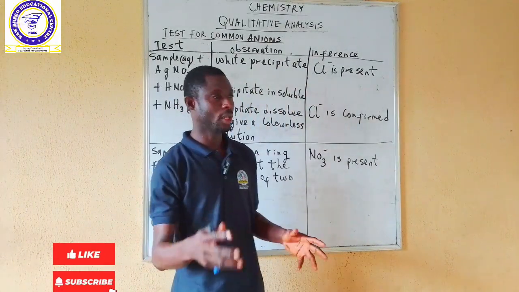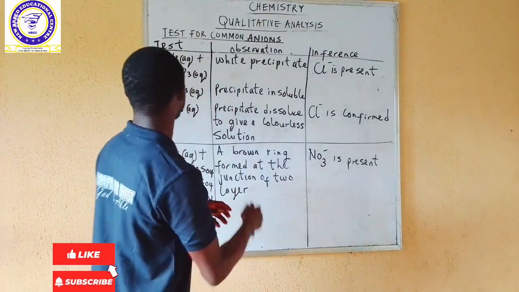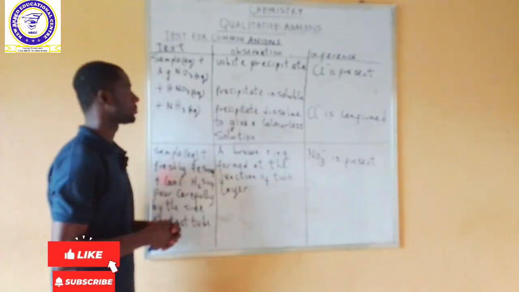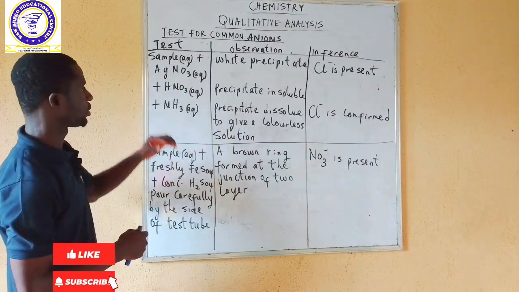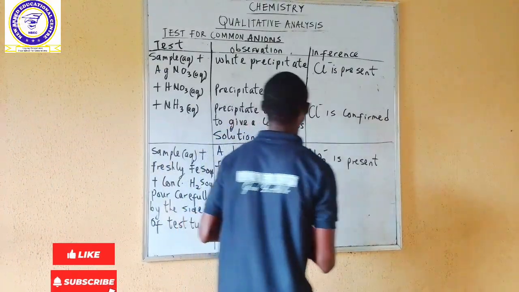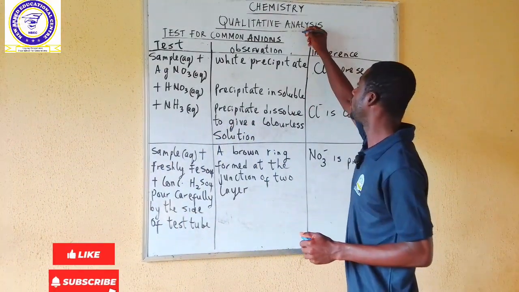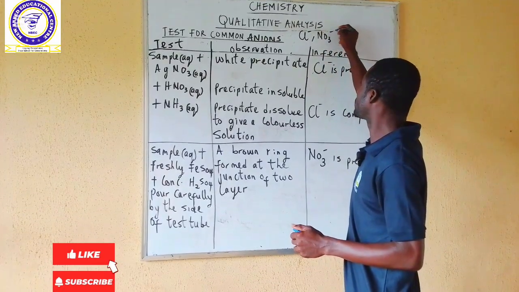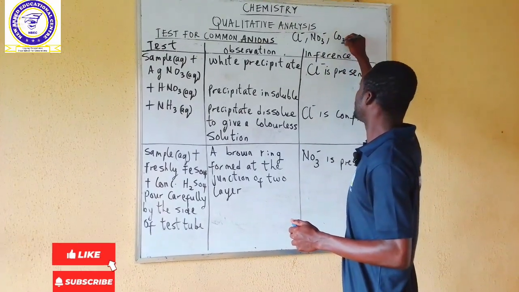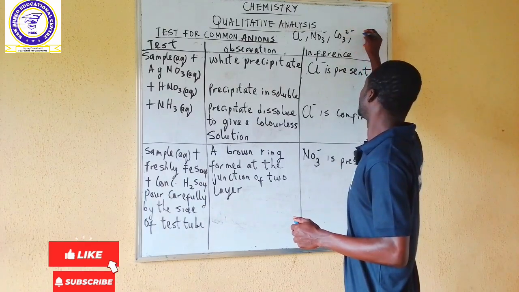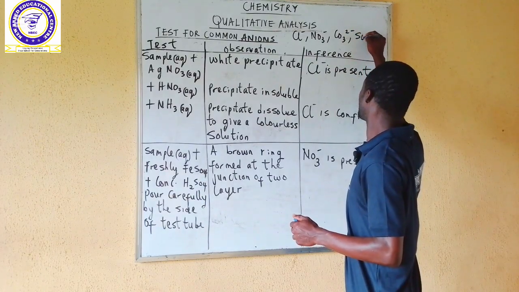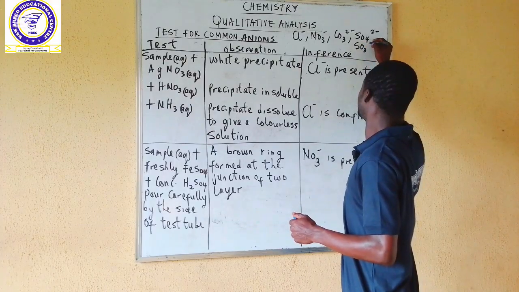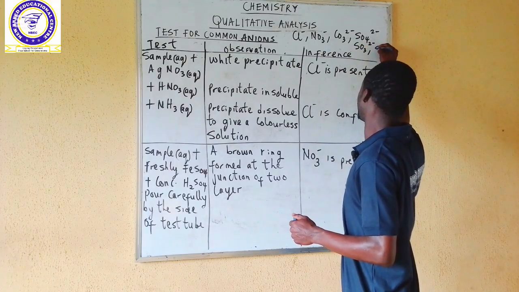Let's go to class. Today, let's look at how to test for common anions. How to test for common anions. The common anions they will ask you to test in your examination hall are Cl minus, NO3 minus, CO3 2 minus, SO4 2 minus, SO3 2 minus, and S2 minus.